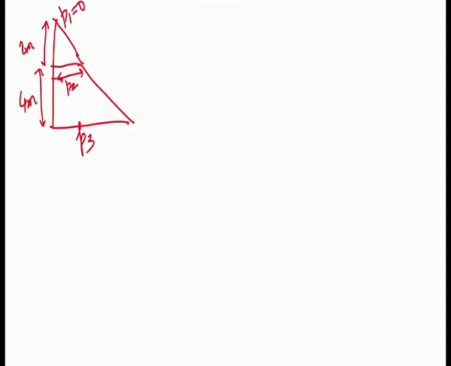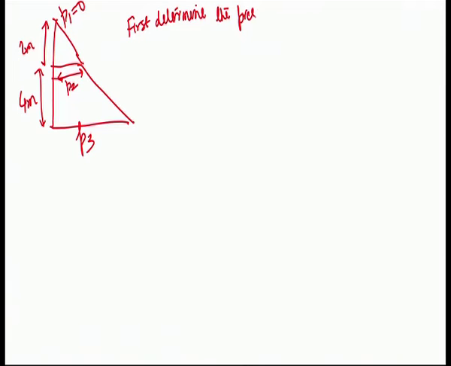So these are all the information that we have. So first, see, steps are very important, so you must be noting it down. First, determine the pressure at the oil-water interface, right? That is P2.